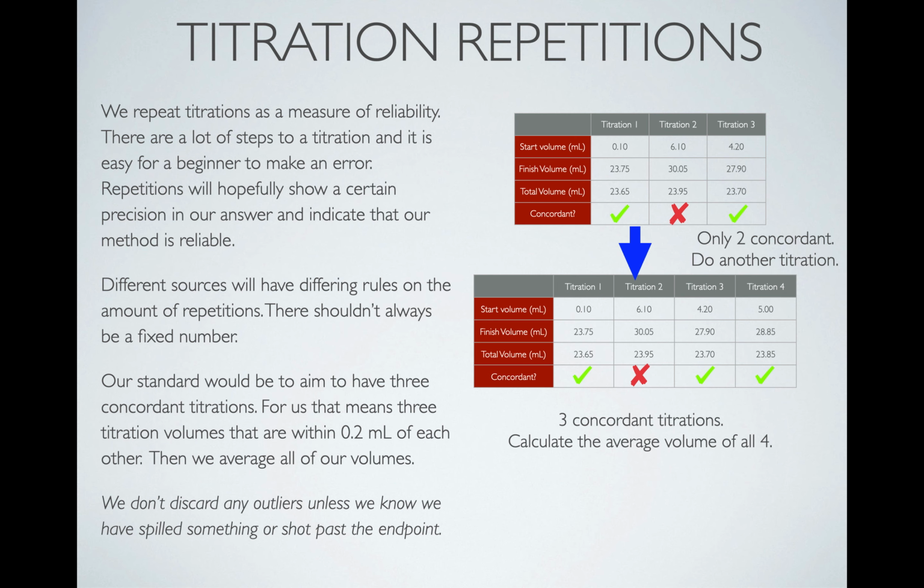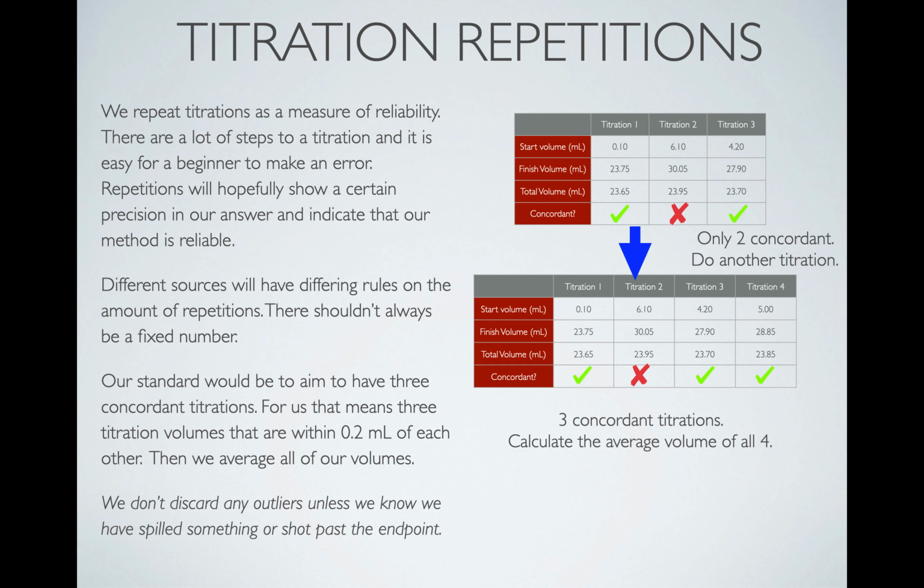What we try to do is have different standards for how agreeable our total volumes are. For undergraduate university, and what I recommend for year 12, we would like 3 titrations that are within 0.20 millilitres of each other, and we call them concordant ones, okay.